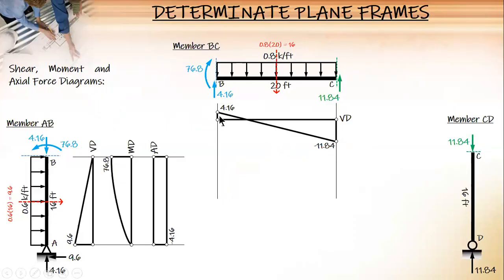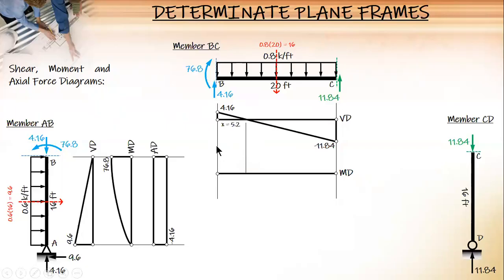And then we solve for x, the point of zero shear, because this is the point where moment is maximum. So to solve for x, you can use my nearest technique, 4.16 shear divided by uniform load, 4.16 divided by 0.8, that's 5.2.